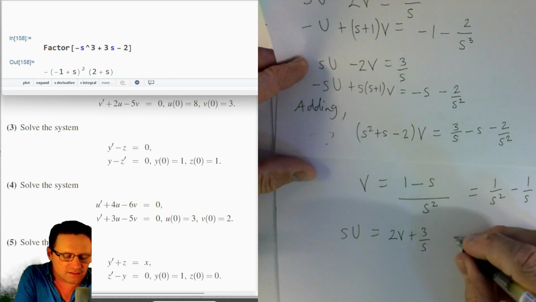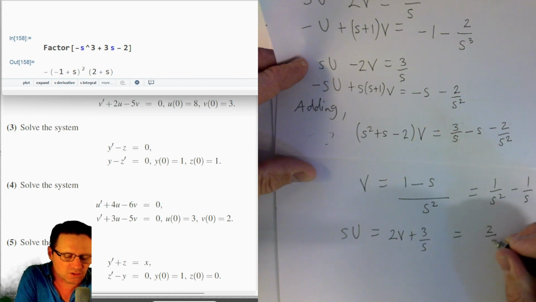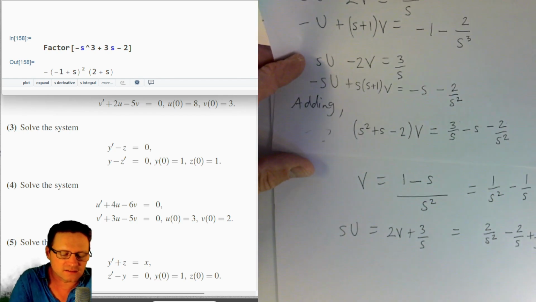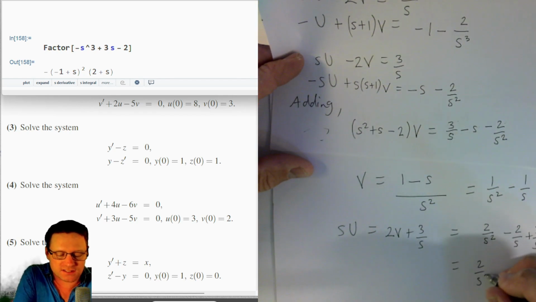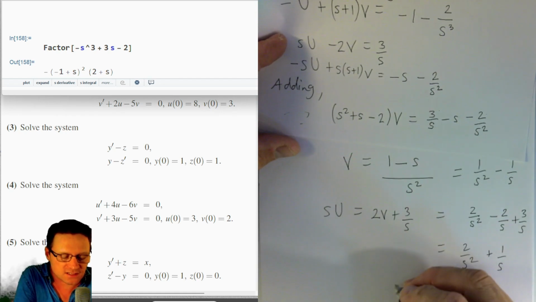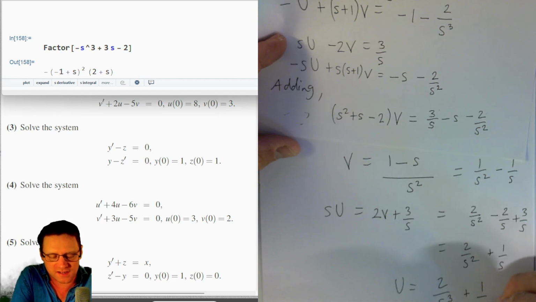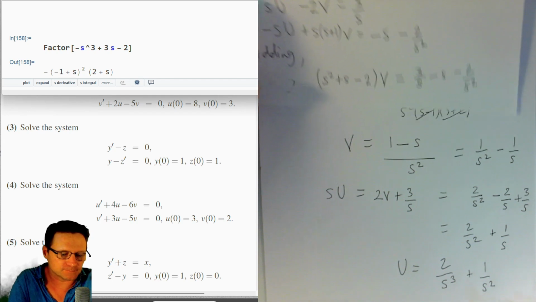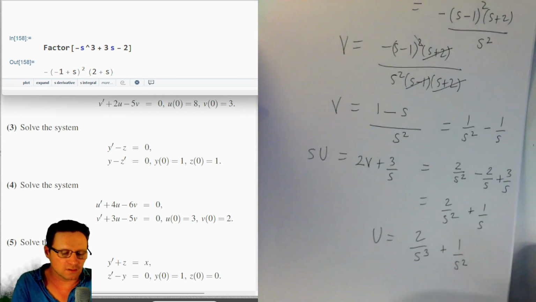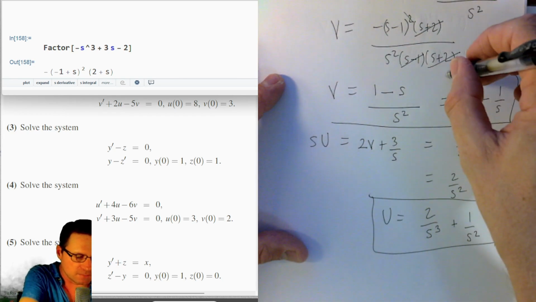Okay, and so then if I sub this in, we've got 2 over s squared minus 2 over s plus 3 over s, which is 2 over s squared plus 1 over s, and then we want to divide that by s so that we get u is equal to 2 over s cubed plus 1 over s squared for u.